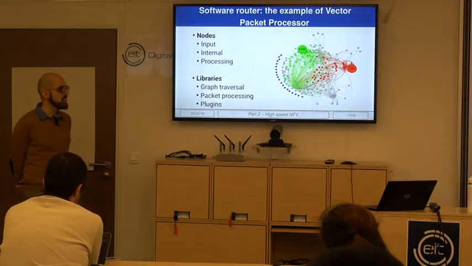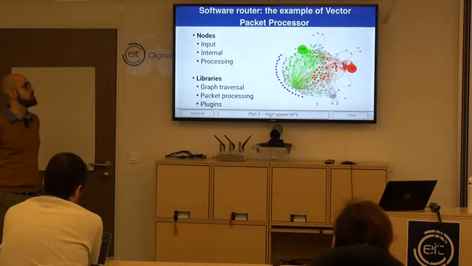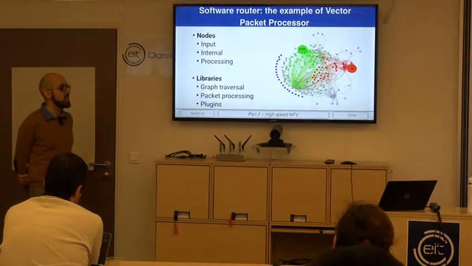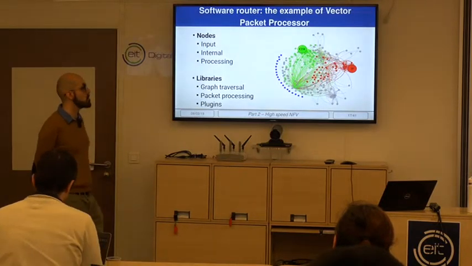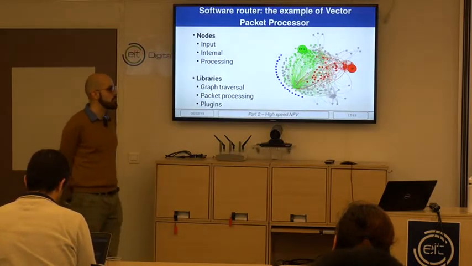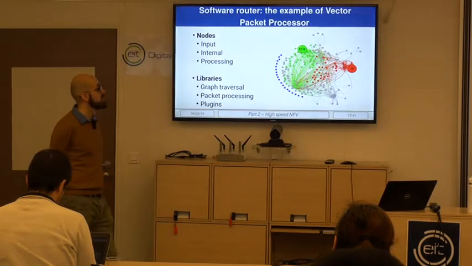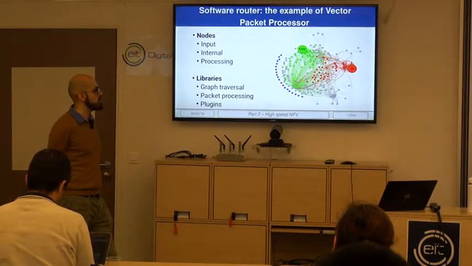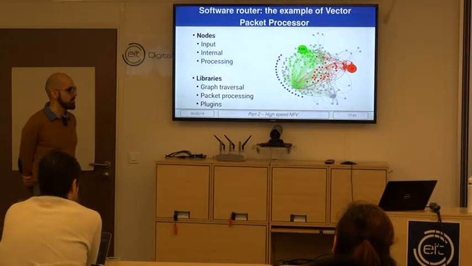What you can see here is that the VPP, the Vector Packet Processor, is decoupling the network functionalities in what we call nodes. Each node is implementing only a subset of the functionalities. I highlighted the Ethernet-related nodes and the IP-related nodes in the figures.